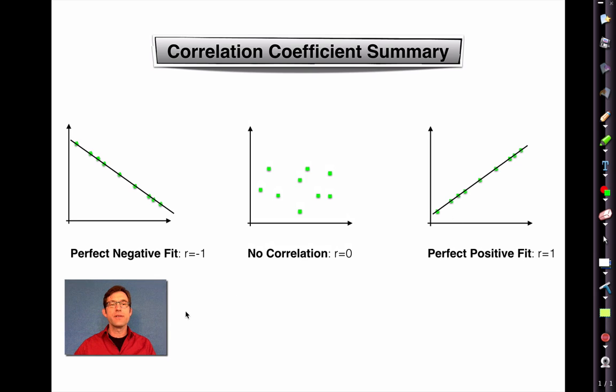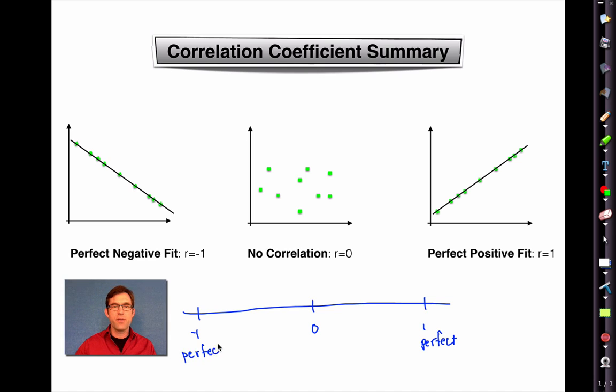So you could literally say, look, you got this terrible looking number line that goes from negative 1 to 0 to 1. 1 and negative 1 are both perfect. They're absolutely perfect fits. Everything else lies in between, right? So, in this realm, we're going to have strong fits.